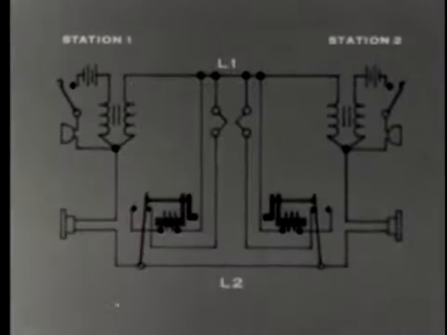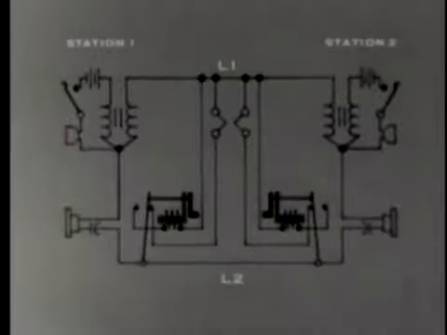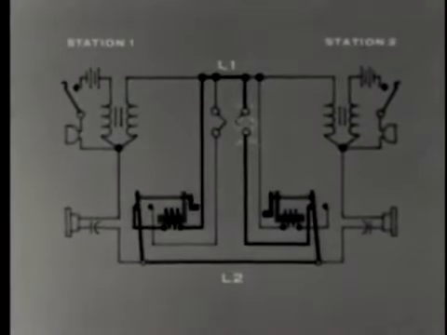To correct this, we must make use of our sixth basic component, a capacitor. Certain capacitors impede low-frequency ringing currents that could enter the receiver circuit, yet pass high-frequency voice currents. Our local battery system is ready for traffic in either direction.